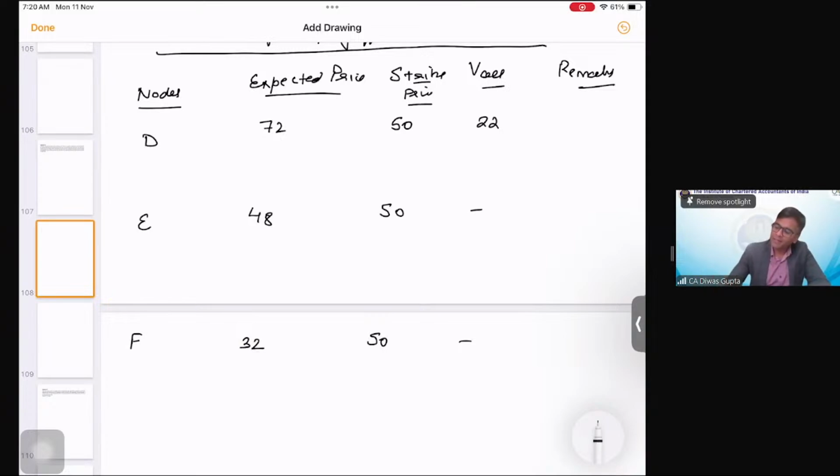And if I may say, remarks, it is in the money, this is out of the money, and this is also out of the money. Clear? So these are the three value of call options, or let's say the payoffs at the end of the second year.